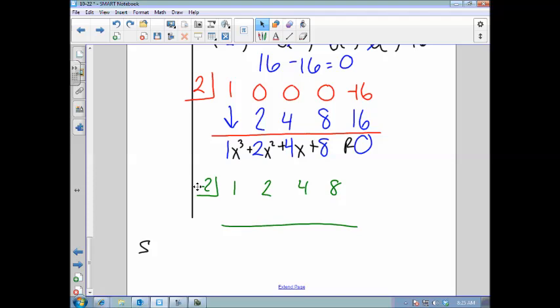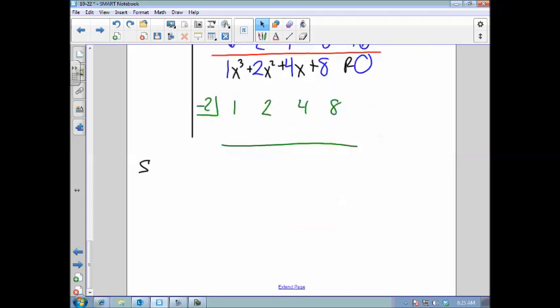Synthetic division. The first column, all you do is bring it straight down because there's nothing underneath it. Then times by the box. Did you get a remainder 0? What is 0 times negative 2? 0, so that's where you made the error.